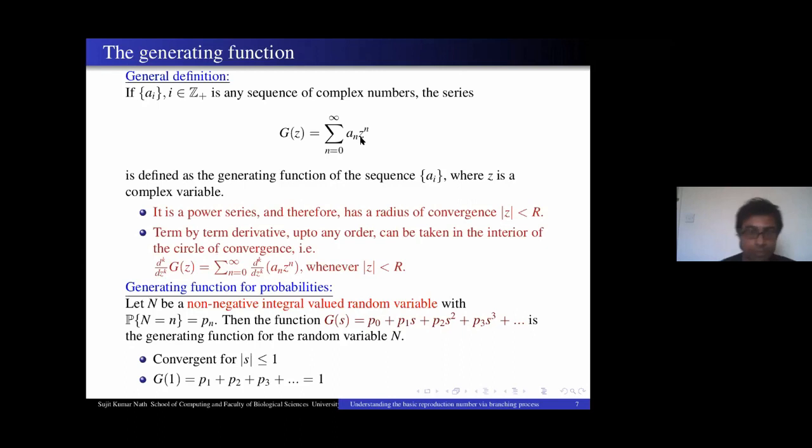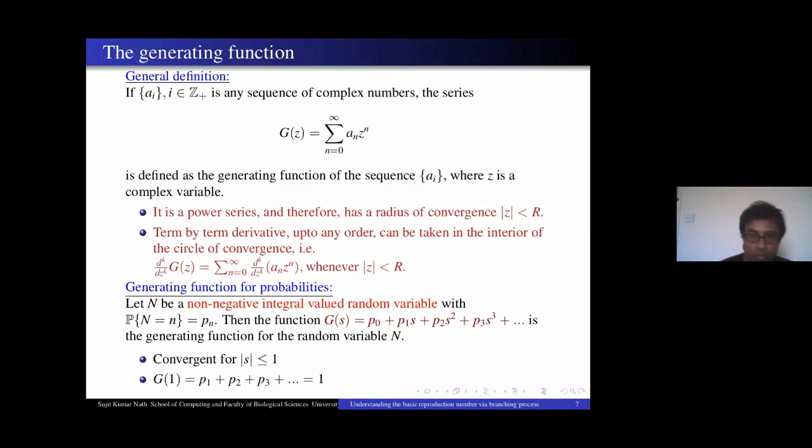Since this is a power series, we can easily find its radius of convergence. Like when the modulus of z is less than some number, this power series will converge, we know from mathematical theory.